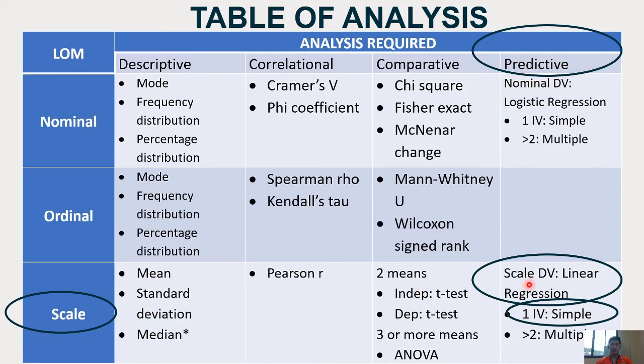However, we have to look at the DV. How many DV are there? There is only one DV and it is linear. And how many IV are there? It is only one, so simple. So we can name it simple linear regression.